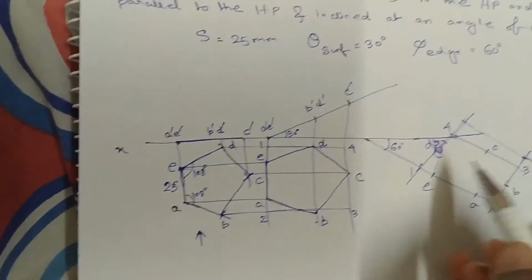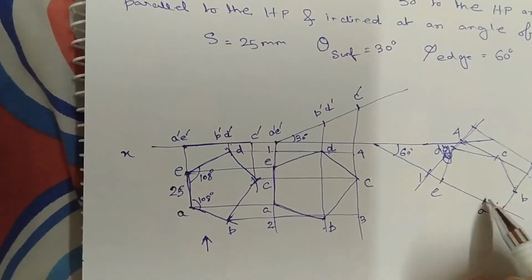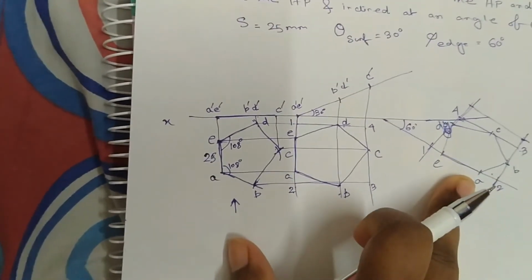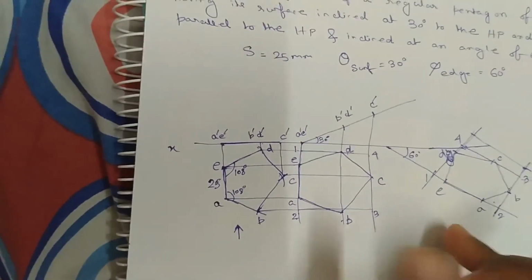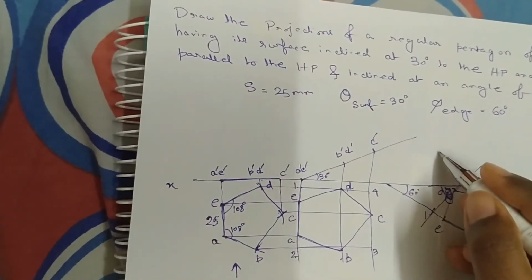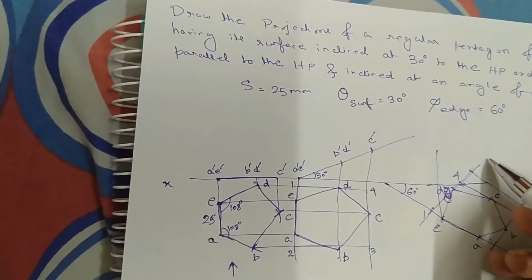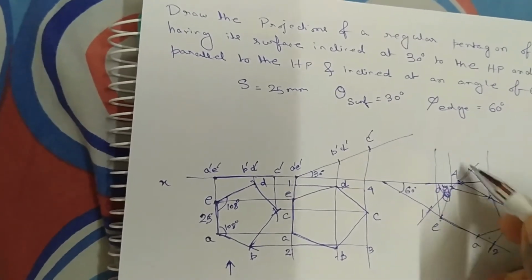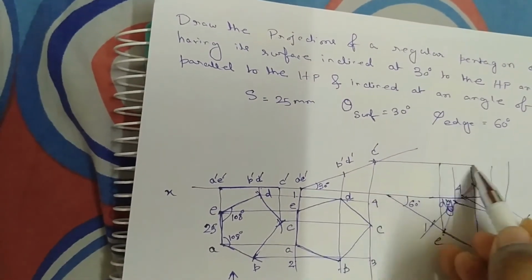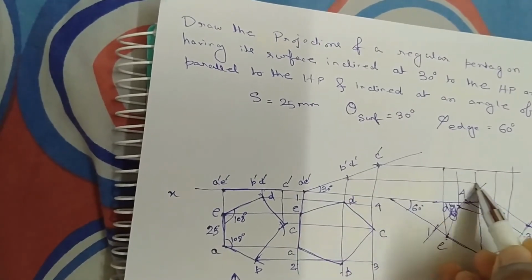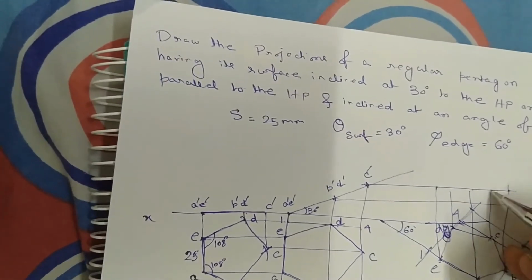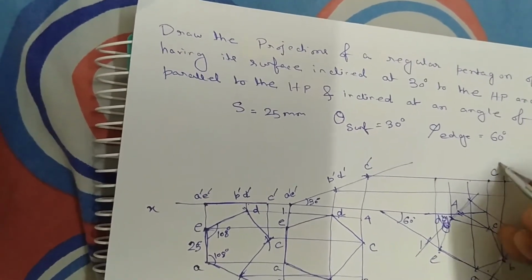If you join all those points, you will get same figure with an angle 60 degree. After that, we are going to extend its projection over here, like that. And here we are going to project line like that. So this will be your C dash.